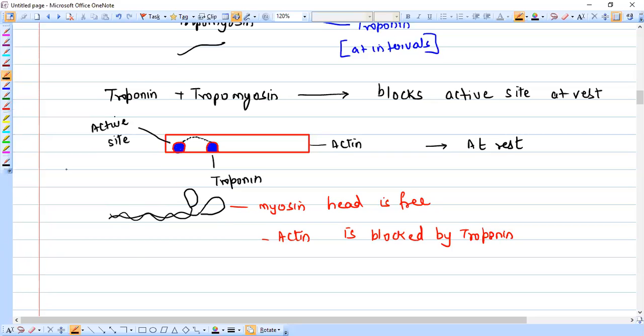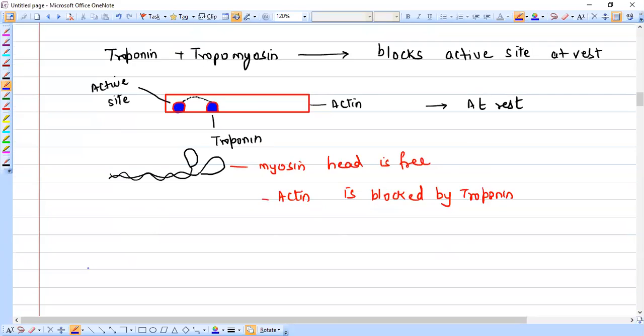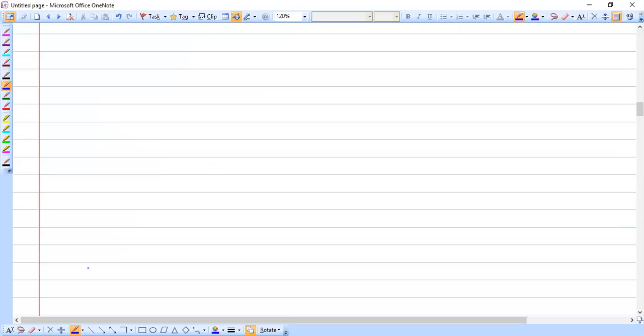The most important part is that for any muscle contraction, we require energy. So let's understand first how the energy is obtained. We are going to talk about the next important part, that is the energy for muscle contraction. How the muscle contracts is a different story, but how the energy is provided, that we need to know.